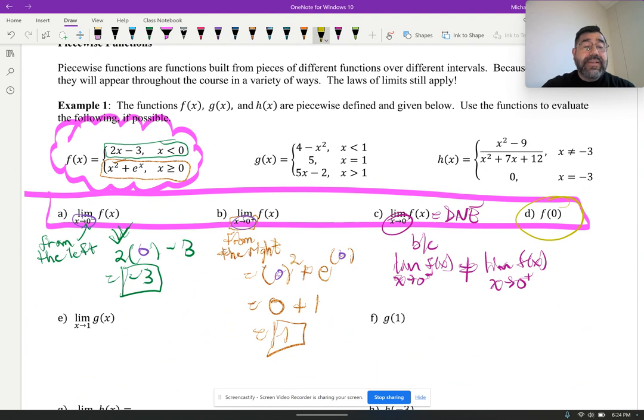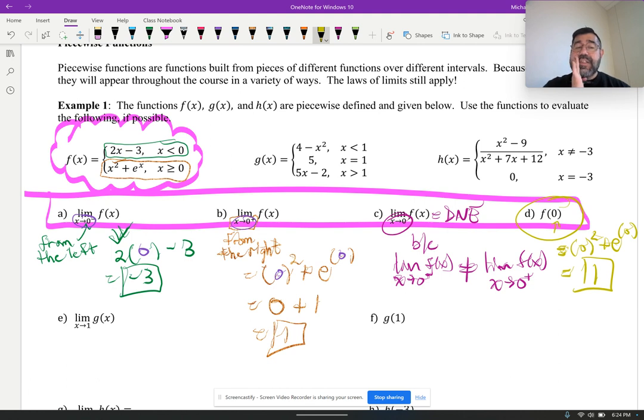Well, if I look at my equation, it's not the top part because that's for x's that are less than 0. It is the bottom part because it's where x's are greater than or equal to 0, and I have an equal to 0. So if I substitute 0 in for that, it's going to give me the y value of this graph at x equals 0.